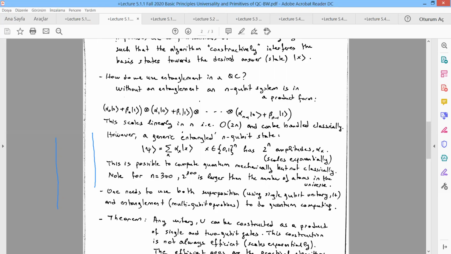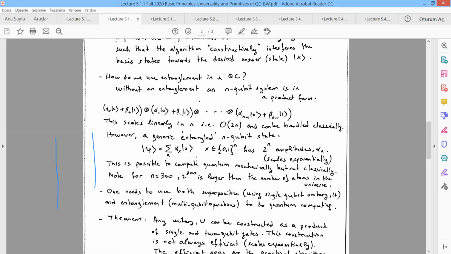However, if we again consider a generic entangled n-qubit state, which was ket psi, the sum over all the basis states of alpha sub x ket x, there are 2 to the n amplitudes alpha sub x. As we said, this scales exponentially.